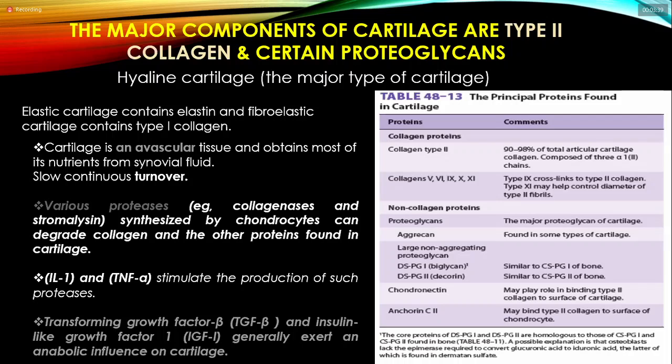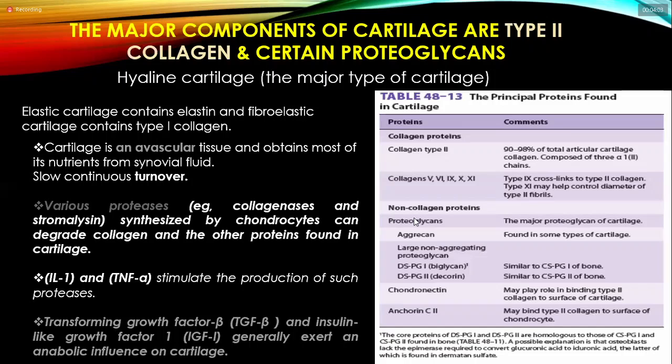So, just to mention the importance of the different triggering or stimulating molecules, like the cytokines or growth factors like TGF and IGF, which can play a role in the metabolism and the structure of the cartilage itself.